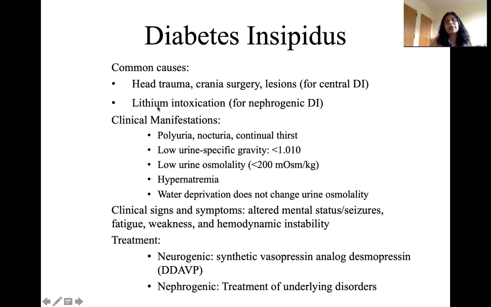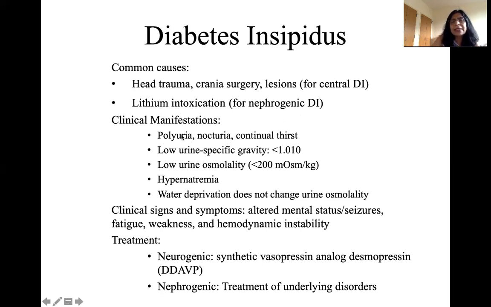This is a drug that we use for bipolar disease treatment, for example. So too much lithium can cause the kidney tubules to become insensitive to ADH, and that's what you think could be the cause of nephrogenic diabetes insipidus.